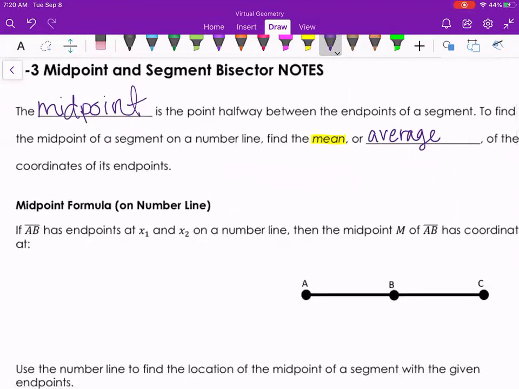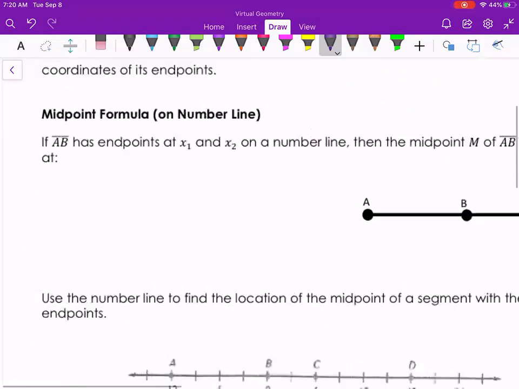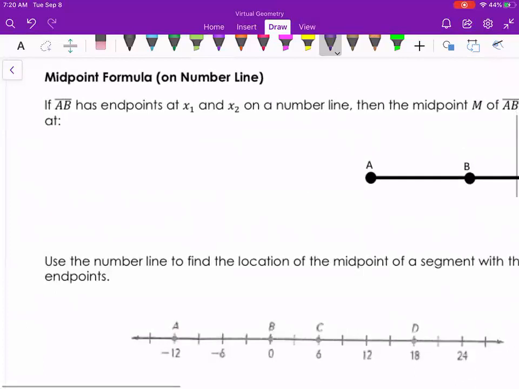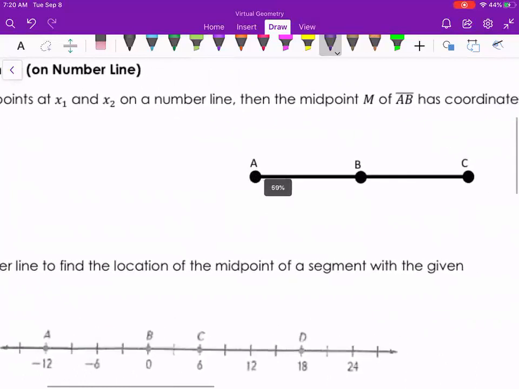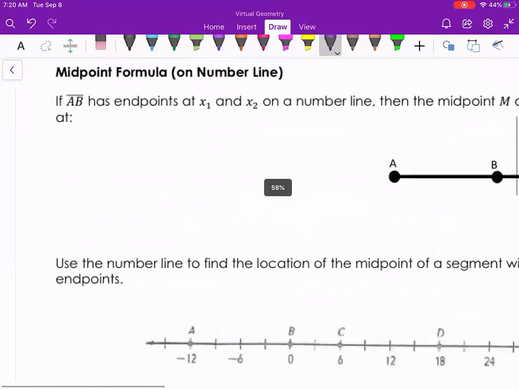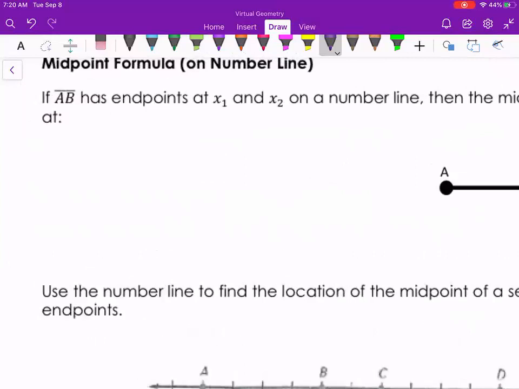We're going to use the coordinates to find that midpoint. So if segment AB has endpoints at x1 and x2 on a number line, then the midpoint, which we'll call point M of that same segment, has coordinates at, let's find that formula.